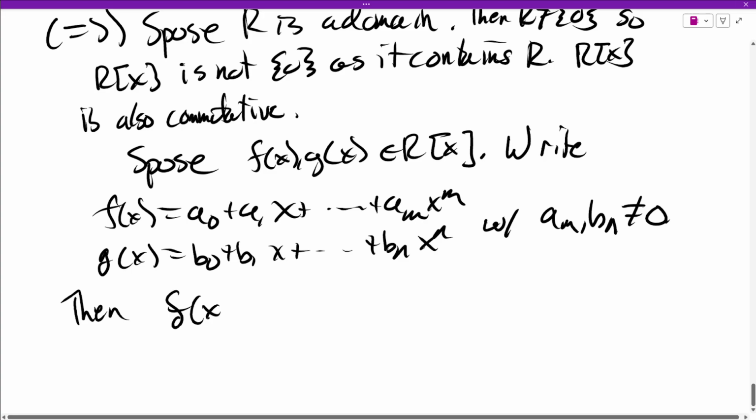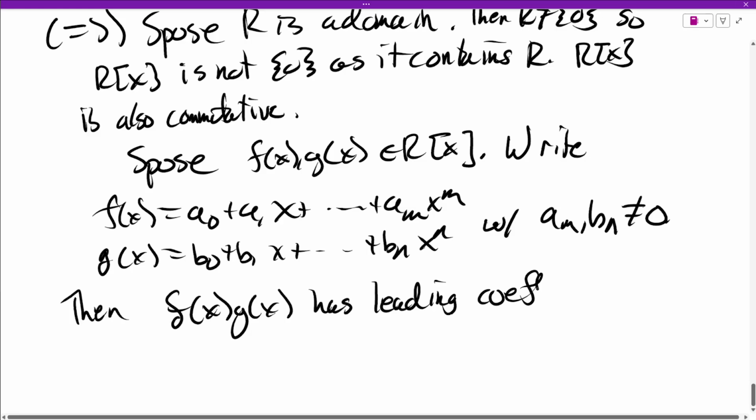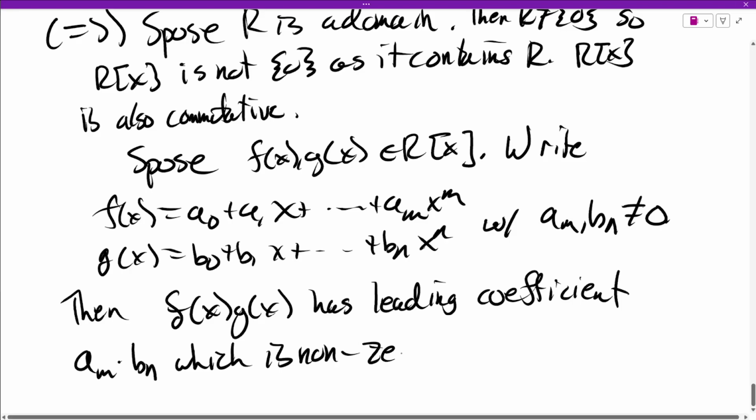And then f times g has leading coefficient am times bn, which is non-zero because R is a domain.